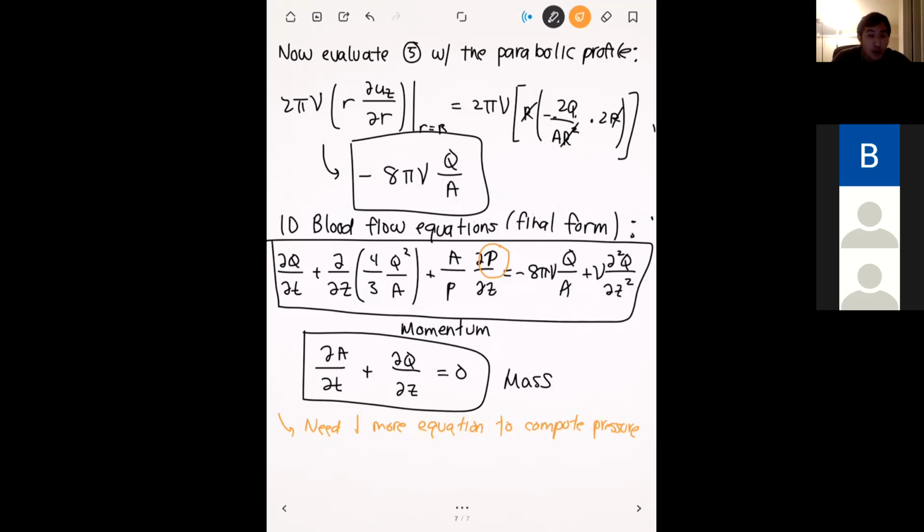And so we need to add something to this. The equation that we're going to add is a special kind of equation called a constitutive relationship. I always spell constitutive relationship wrong.